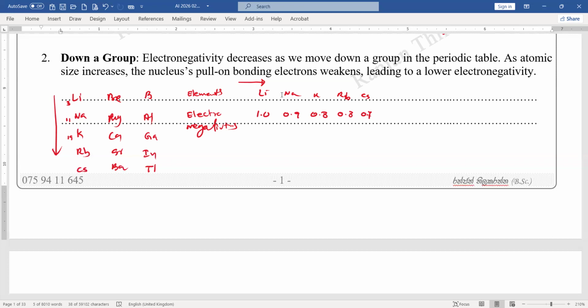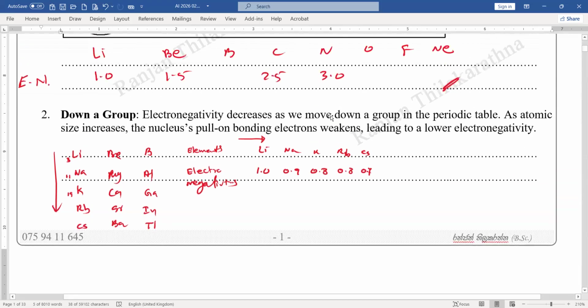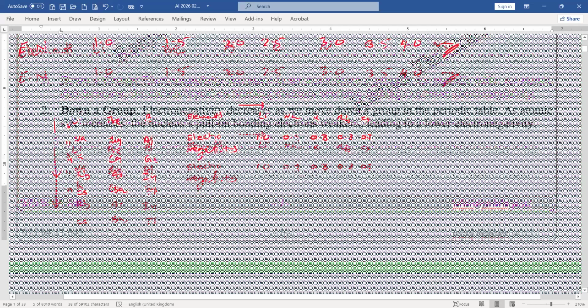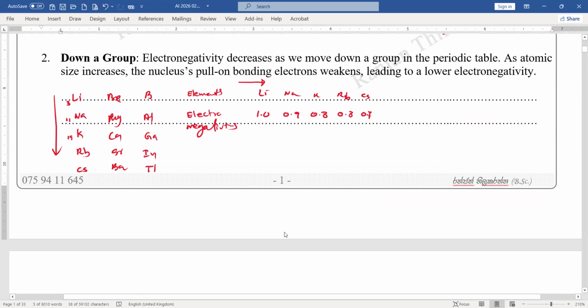In chemistry especially, there are plenty of exceptions, though we state some rules. We say the electronegativity is increasing from left to right across a given period and decreasing from top to bottom in a given group.